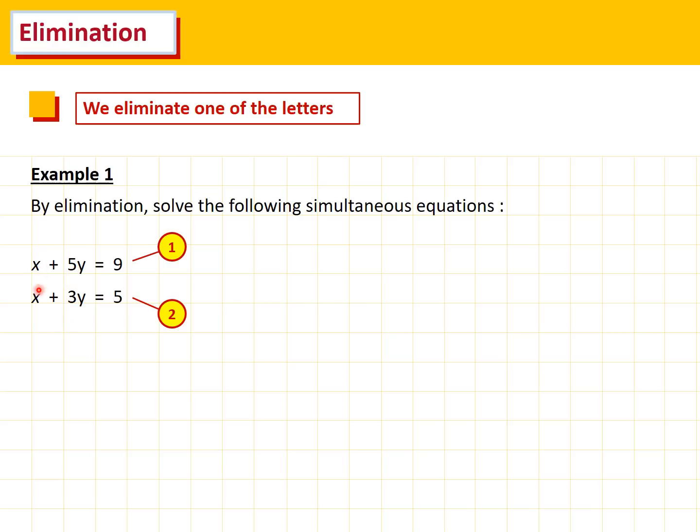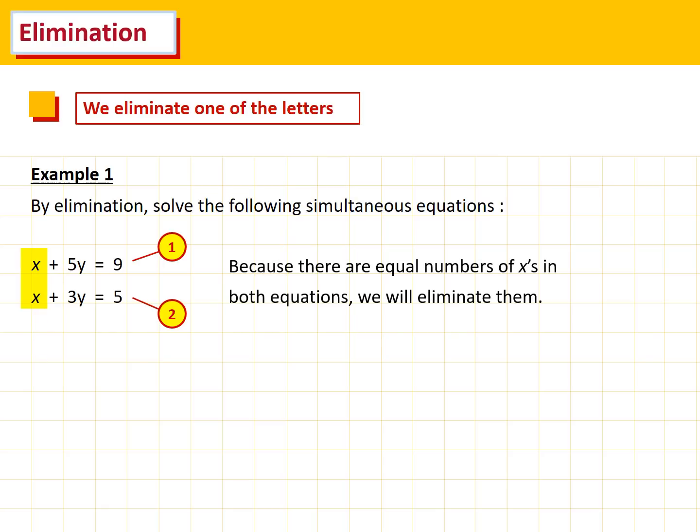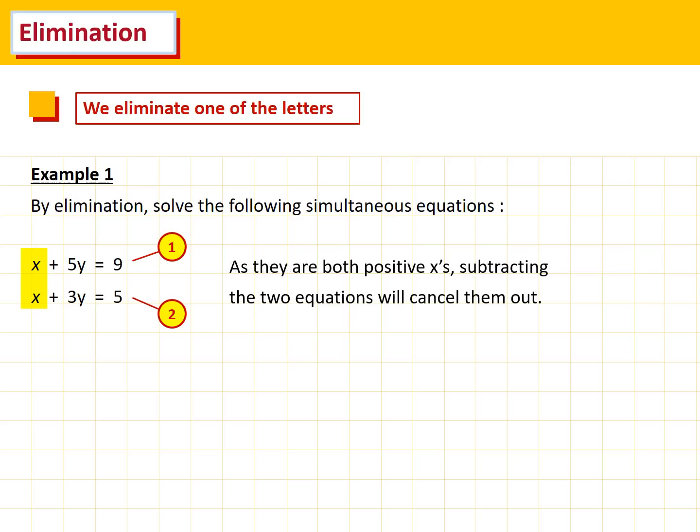So because we've got the same number of x's, that is the letter we're going to eliminate. Because in both cases it's a positive 1x, as in the signs are the same, they're both positive. If the signs are the same, we subtract the equations. So just remember that if the signs are the same, you subtract, and if they're not, you add.